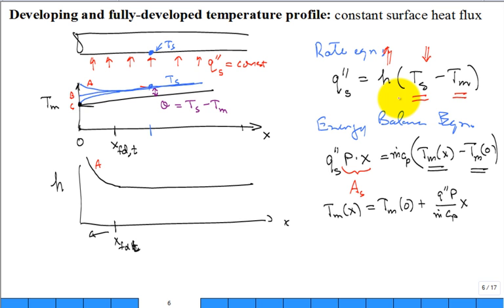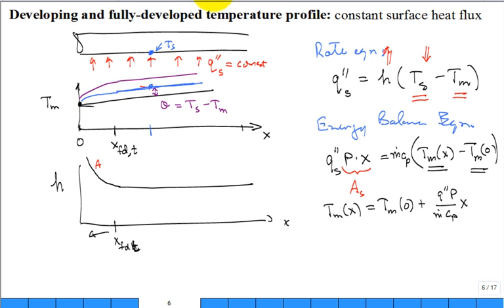Somebody says that the profile we understand is like this. Let me try and sketch it more accurately. Okay. Somebody says, no, the temperature profile is this for the surface, and it does something like that.